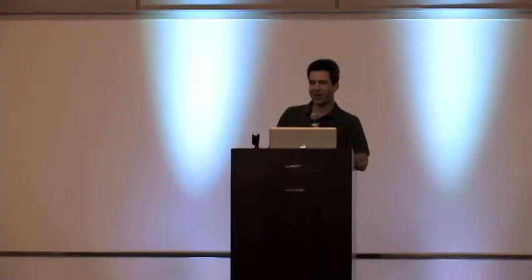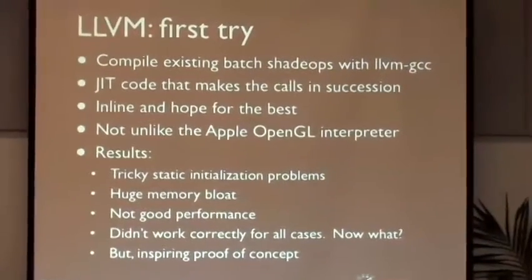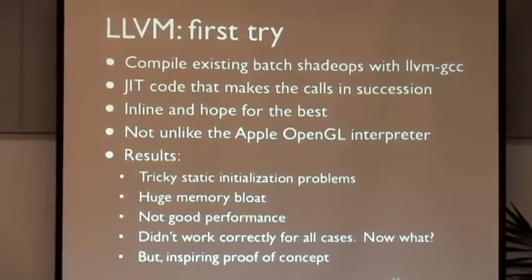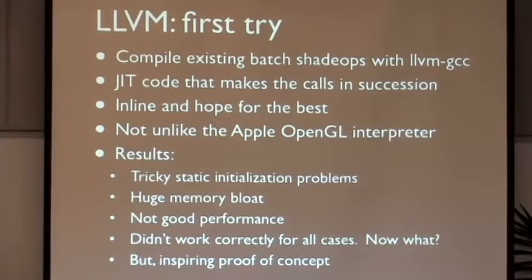So LLVM to the rescue. Our first try at this, which was actually done by Solomon over there, I'll blame him, just as a prototype. We started by taking all of those individual shade-op implementations, compiling them all into LLVM bytecode, and then basically JITting just the succession of calls to them, and crossing our fingers and hoping that between the inlining and the optimization, we would get some kind of decent performance.